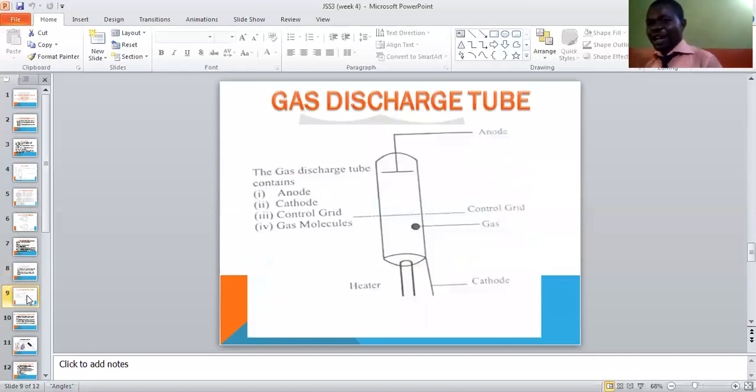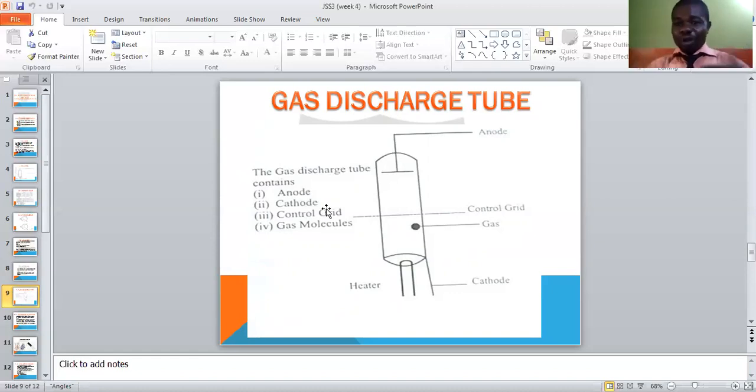This is a gas discharge tube. It looks like the triode. But this one has 4 things compared to the triode: the anode, the cathode, the grid, and the gas molecule. There are things that are filled in it, that is the gas itself. Though it has 3 electrodes, the gas molecule is added. The anode and the cathode do the same thing as they do in the triode and diode.